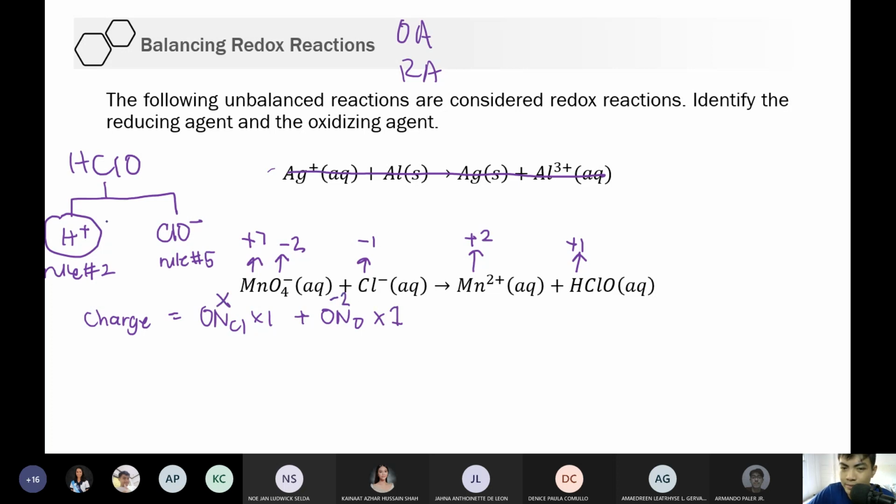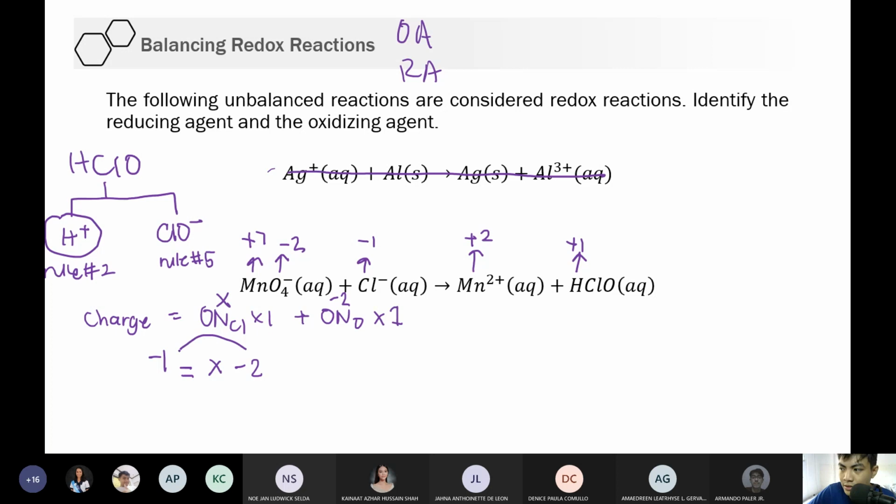Okay? Kung may mauna sa akin magsagot, mention chat nyo na yung sagot. Okay. So, charge of the molecule, negative 1. Oxidation number of chlorine. Okay, sabi ko nga, bonded yan with oxygen. So, X na yan. Oxidation number of oxygen. Negative 2 yan by default talaga.